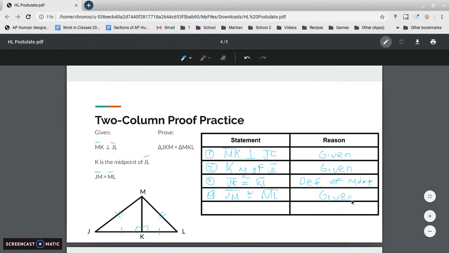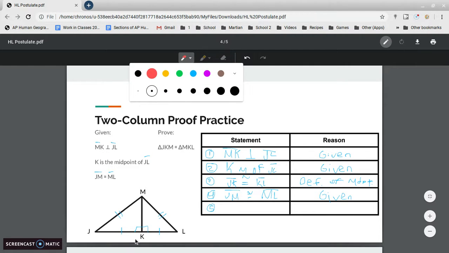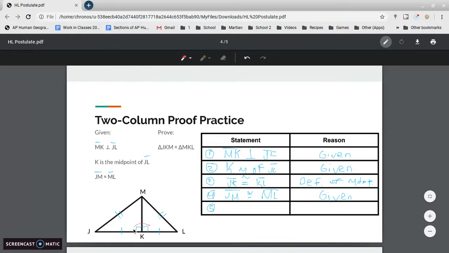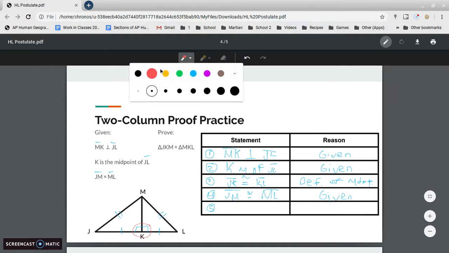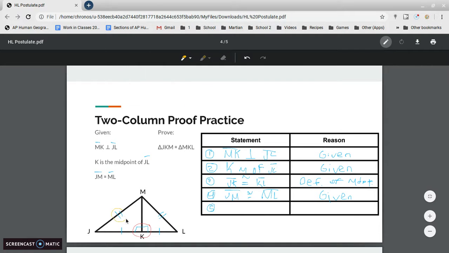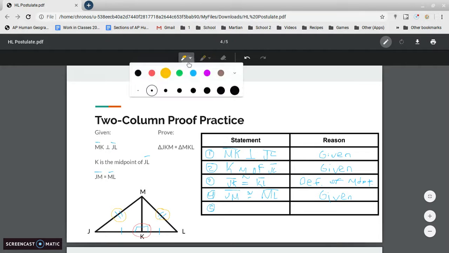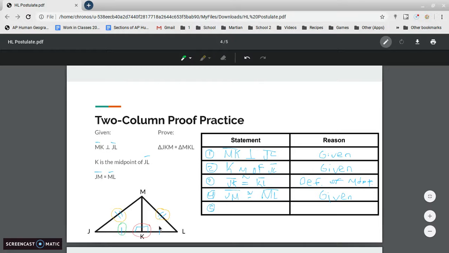Okay, then the last thing is, let's see if we can actually prove this now. Well, the first thing that we have is that there's right angles. Yes, that is on there. The next part is, are there congruent hypotenuses? Yes, they're right here. Are there congruent legs? Yes, there are.